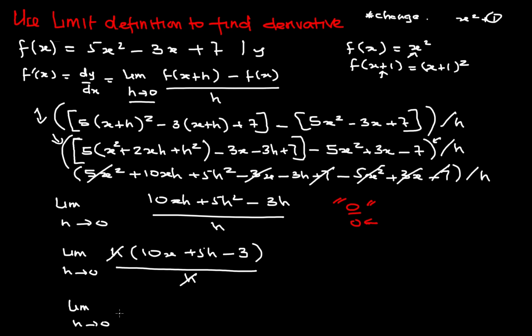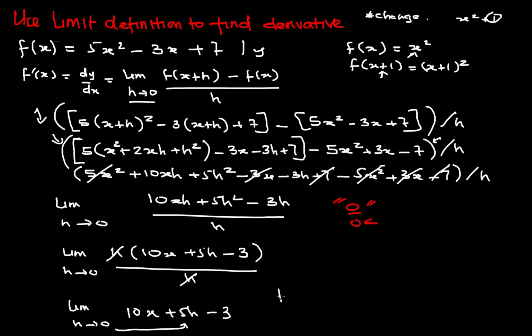Right? Once we have this, 10x plus 5h minus 3. Meaning that now if we introduce 0 here, it won't give us 0 over 0, right? So what does it mean? It means that now we can get our h and put it into where we have h values. So you can see we have h here. So it means that this one gives us 0.